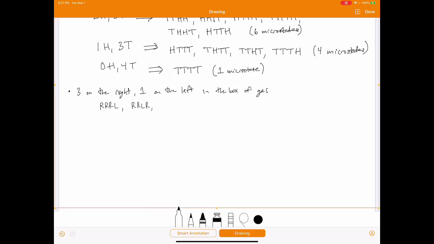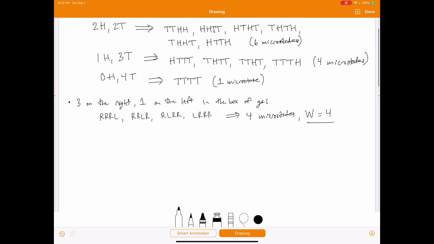That's another way you could arrange the molecules. You could have RLRR, and then you could have LRRR. So the first one is on the left and the other 3 are on the right. So there are 4 microstates that look like this. So W is equal to 4. There are 4 different ways we can rearrange the particles so you still have 3 on the right, 1 on the left. That's what W represents.